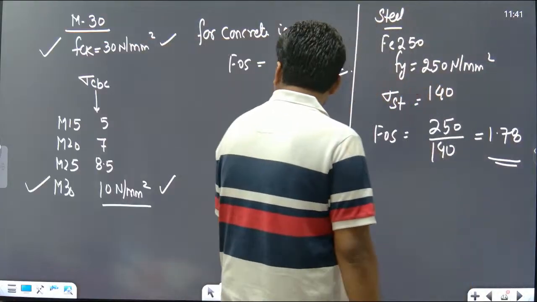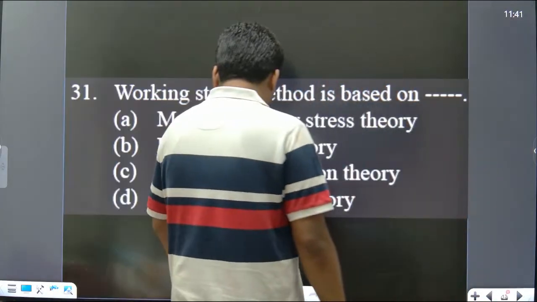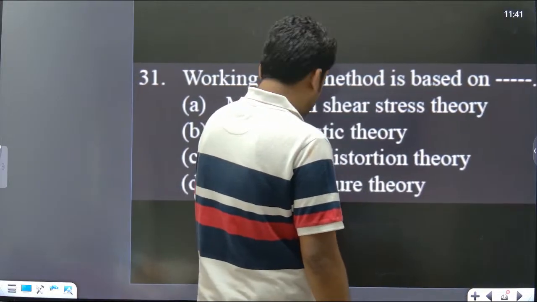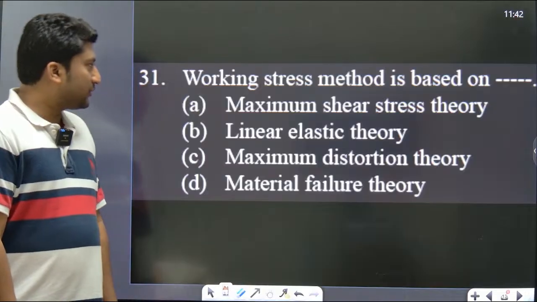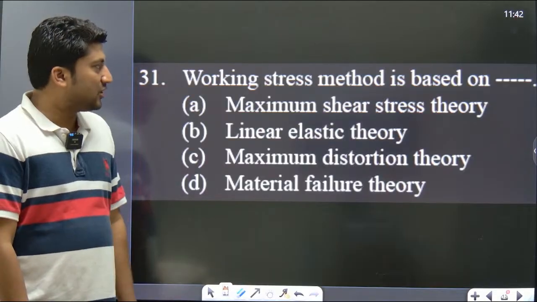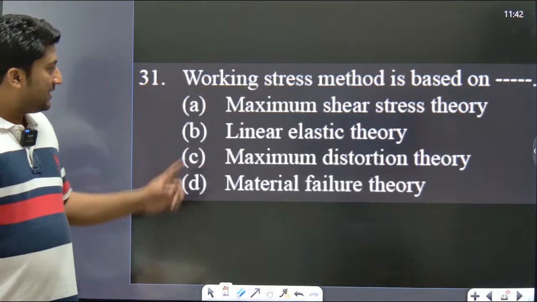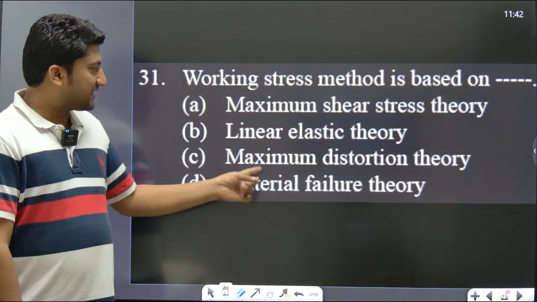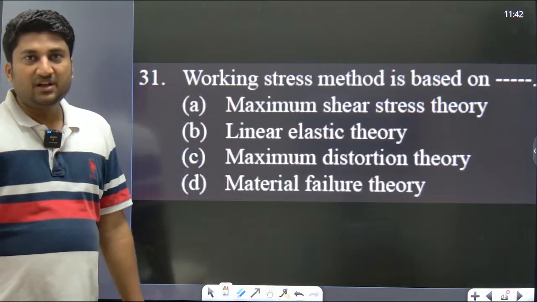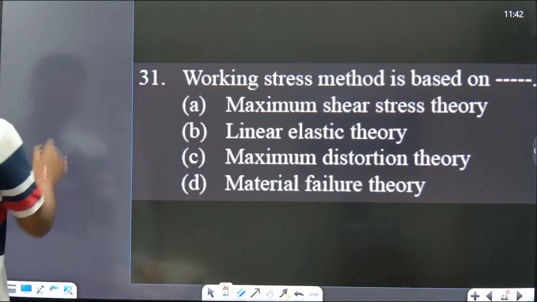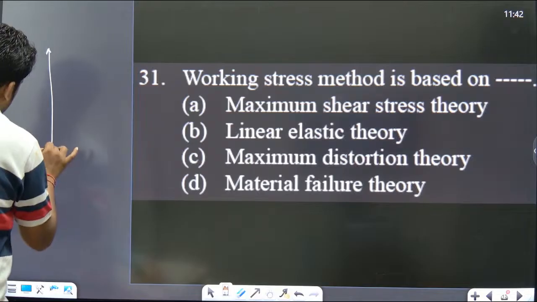Please answer this question very carefully. Working stress method. Now this is a very good question. Working stress method is based on maximum shear stress, linear elastic theory, maximum distortion theory, or material failure theory. What is the correct answer? In the working stress method we are always under the elastic limit.